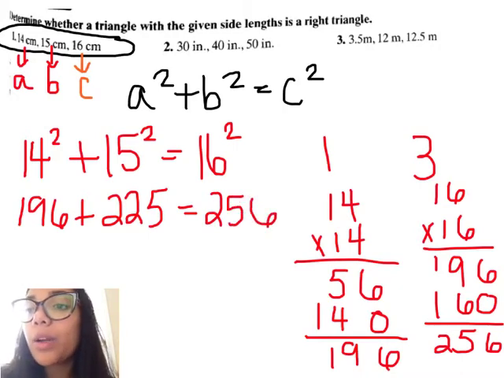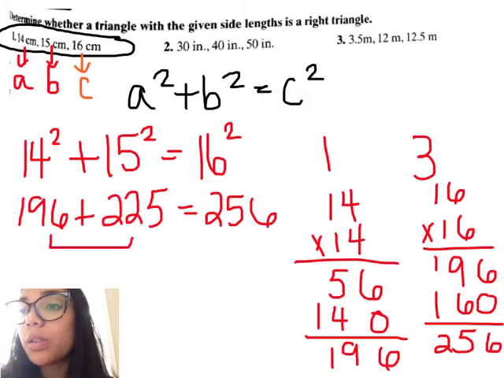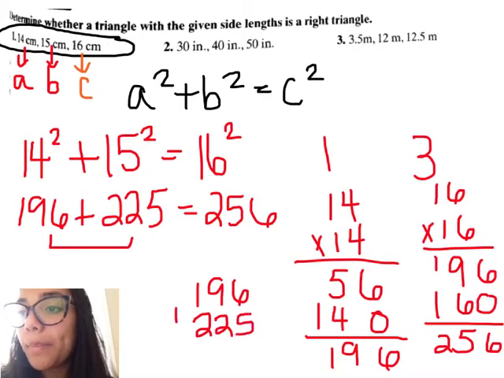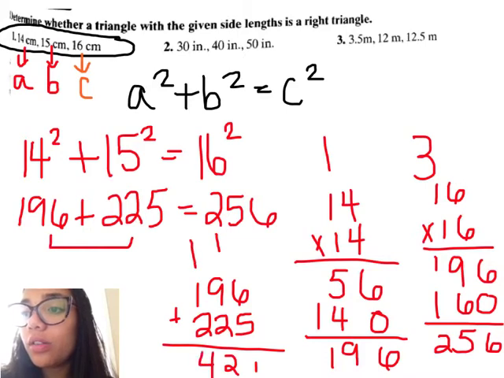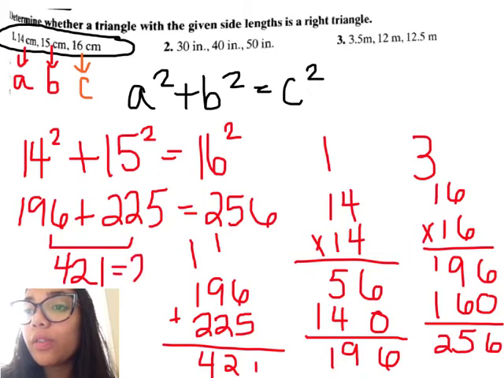So now I add 196 plus 225 because that's what it states. So what's 196 plus 225? 421. Does 421 equal 256?